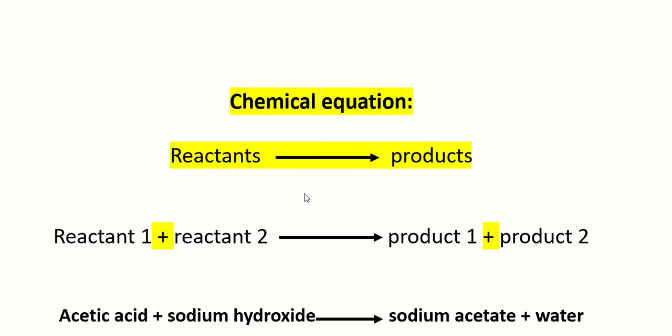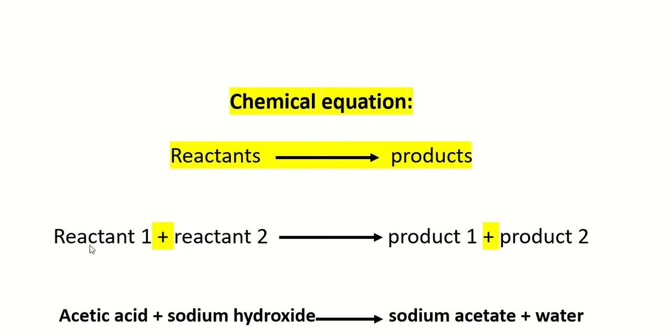How many reactants do we have? We said that reactants should be more than one substance. So if we have two reactants, reactant 1 and reactant 2, we put between them the sign plus. Plus means react.